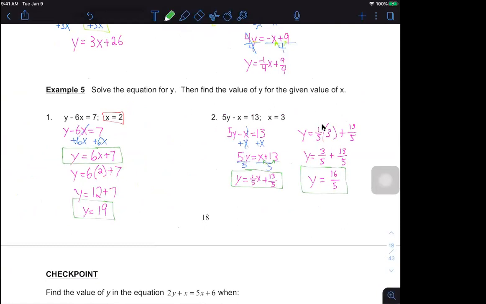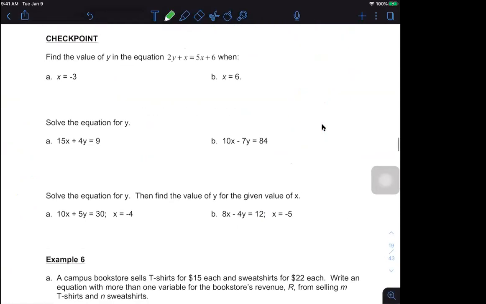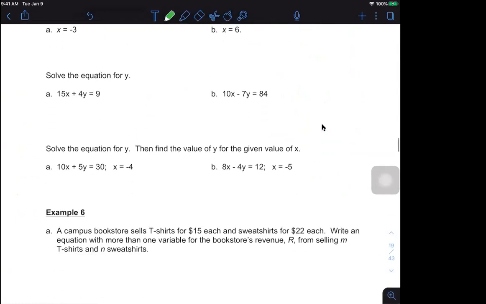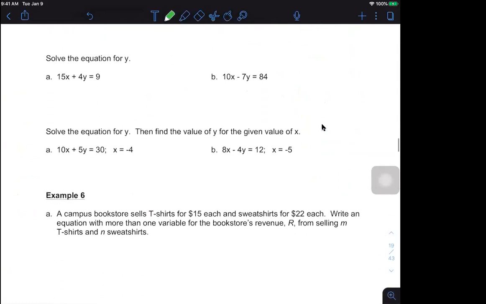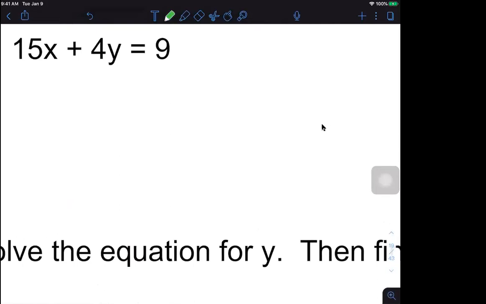Okay, so we're just going to do a quick review, and we're actually going to get started on the homework. We're going to skip the first checkpoint and look for the second one, where it says solve the equation for y. Okay, Emma, what's the first step for solving for y?